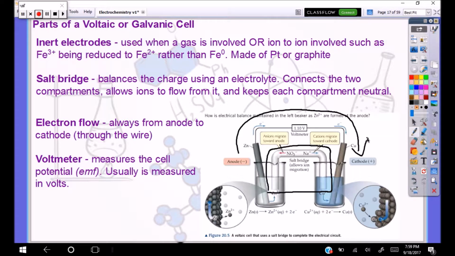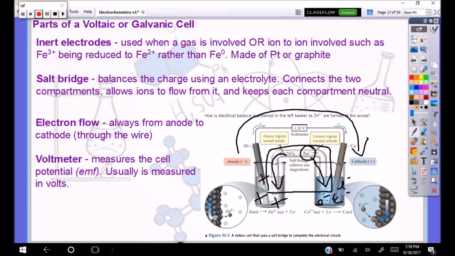Well, this is true, it does, but only momentarily. The salt bridge acts as a way to balance those things out. As we get more electrons popping up in here, we have these positive ions that are coming down in here to balance them out. Same thing here, as it's becoming more positive in here, we have these negative ions coming down in to balance out the charge. So the electrons are still able to flow, but we have a nice little balance so that we can stay neutral.